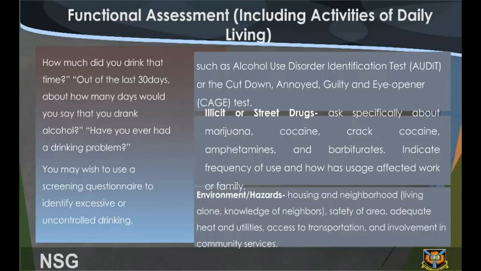You may wish to use a screening questionnaire to identify excessive or uncontrolled drinking, such as the Alcohol Use Disorders Identification Test, AUDIT, or the Cut down, Annoyed, Guilty, and Eye-opener, CAGE test.